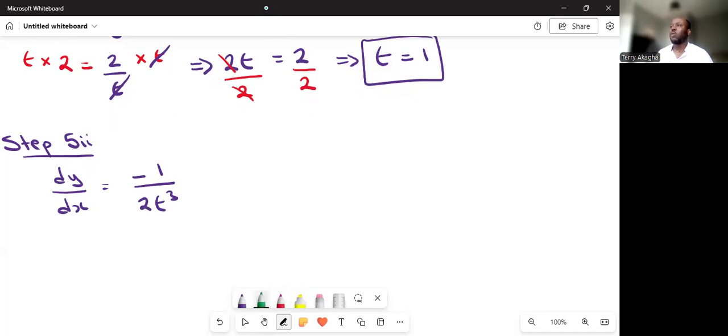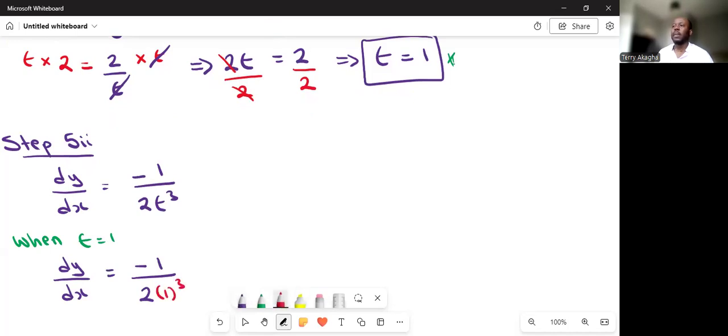So we're substituting now when t is equal to 1. So dy over dx will be equal to minus 1 over 2 times 1 all raised to the power 3. Are you seeing it?